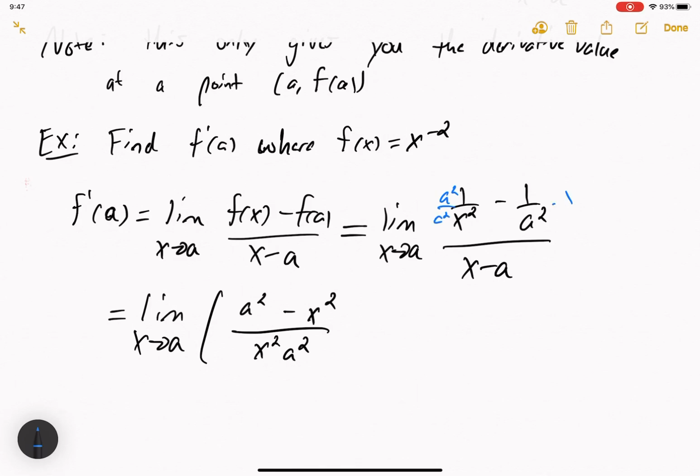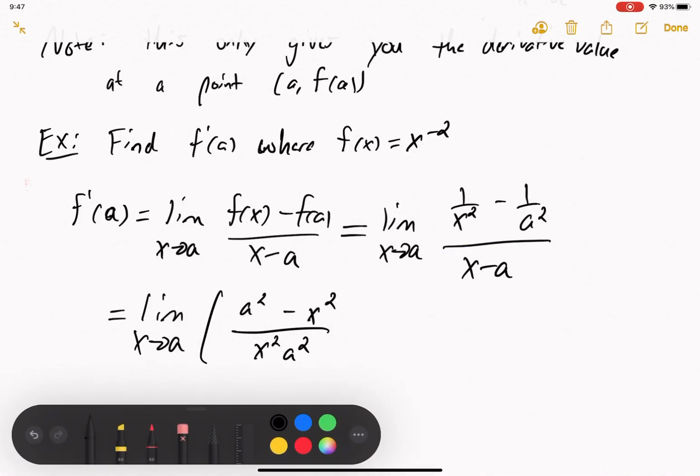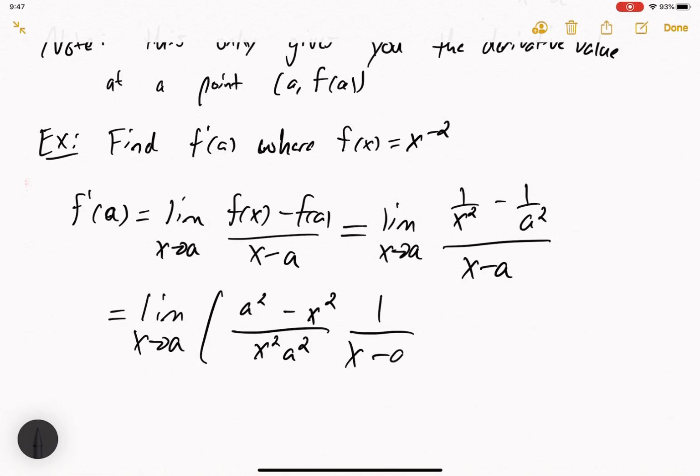This is x squared over x squared, and then just move them together. But how you do this is not so important as long as what you're doing is algebraically valid. And what this bottom piece does right here, that'll just become 1 divided by x minus a. You can double check that, but that's basically what will happen.